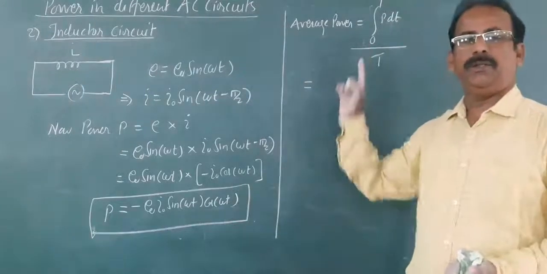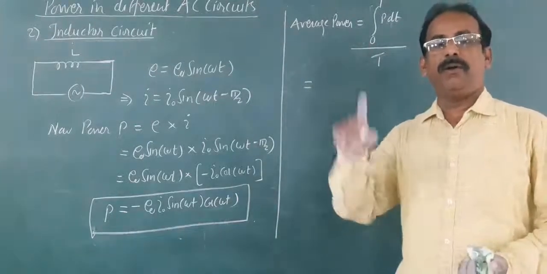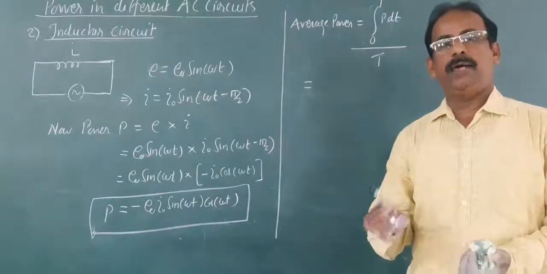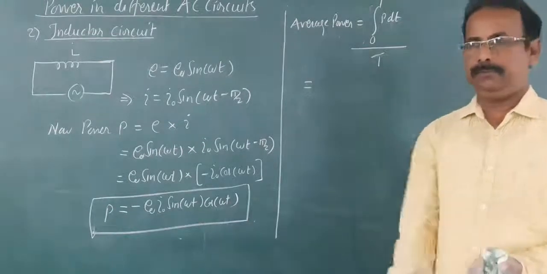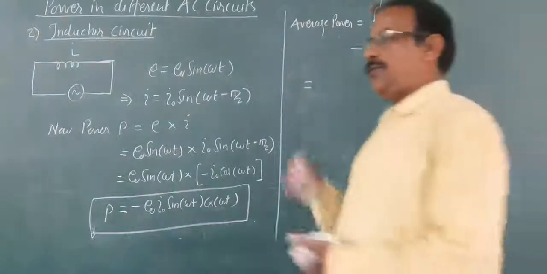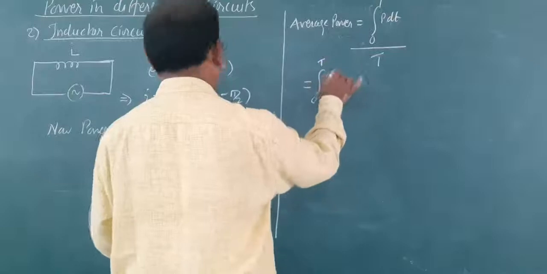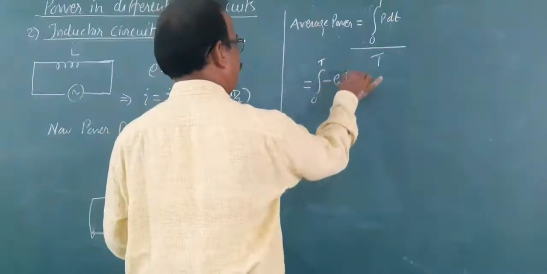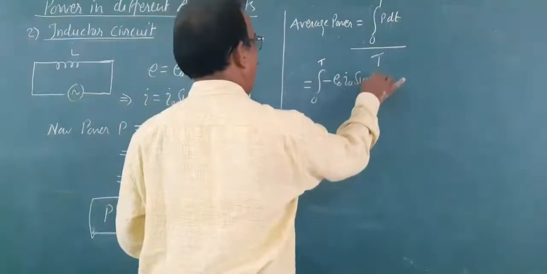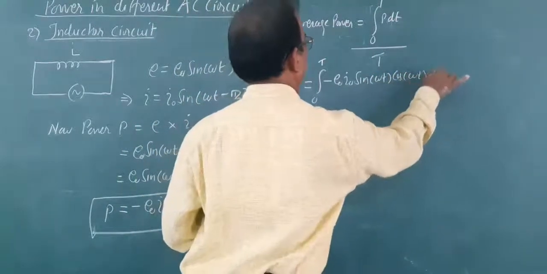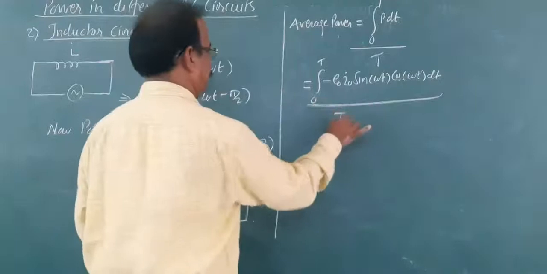Take integration of this instantaneous power for interval 0 to T and divide it by T. Time for one cycle is the period. Solving this, first putting the value of power, which is minus of E0 I0 sine of omega t into cos of omega t, dt upon T.